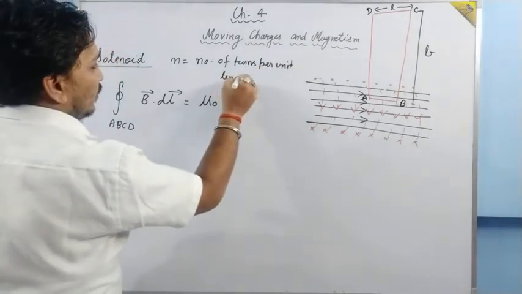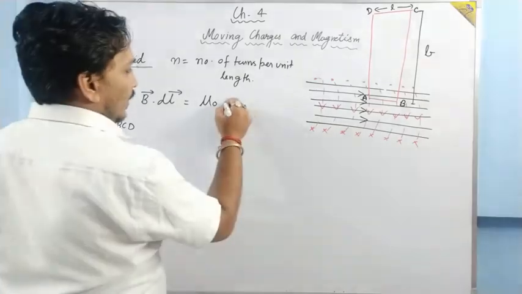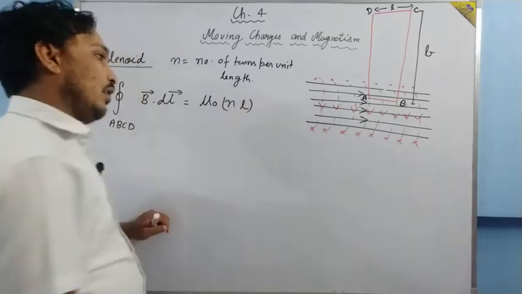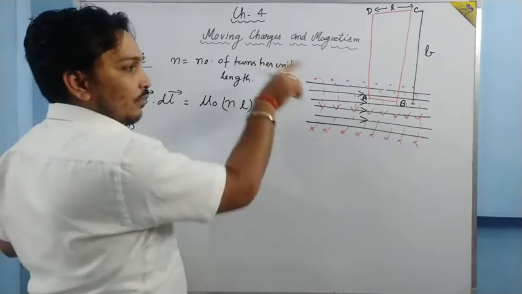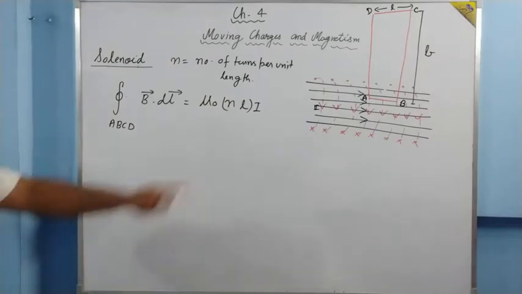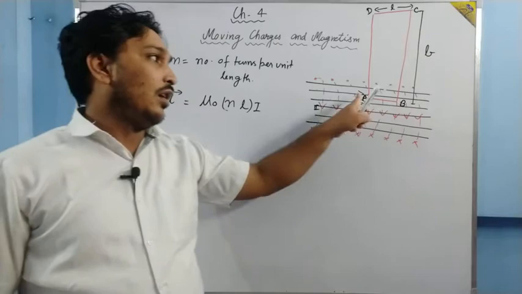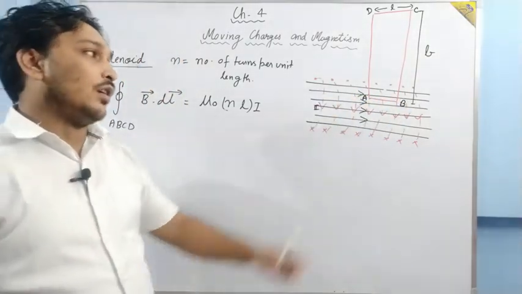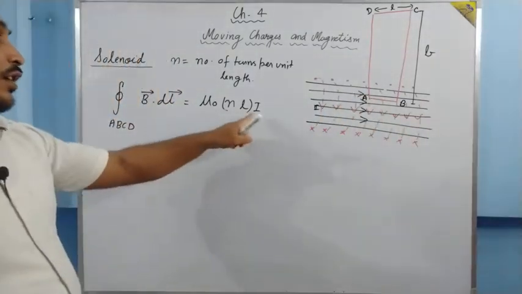So if this length is L, it is mu naught n times L. So nL represents the number of turns in this length AB, and from one turn the amount of current coming out is I. So from that many turns, just multiply: mu naught times nL into I.